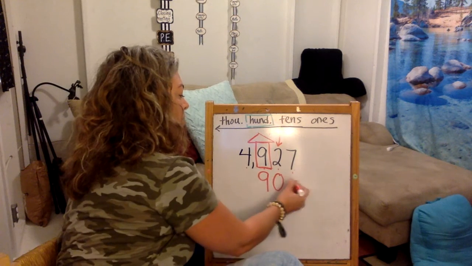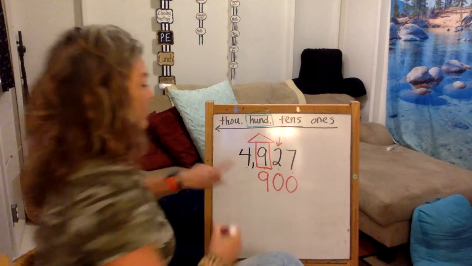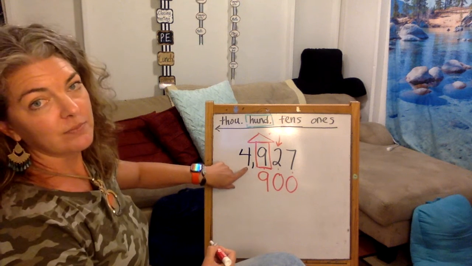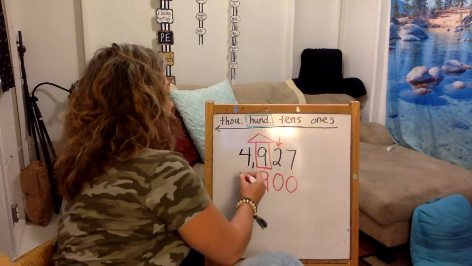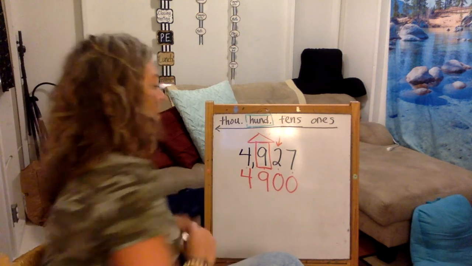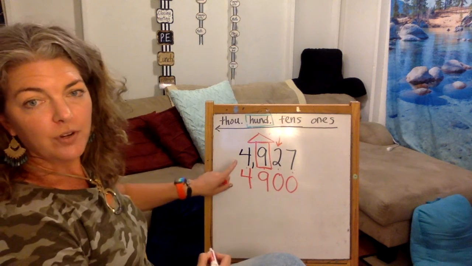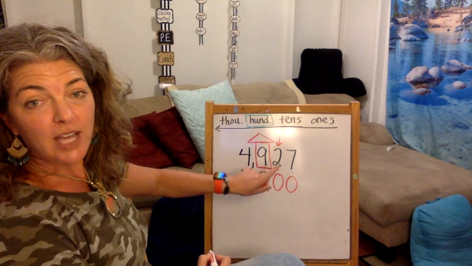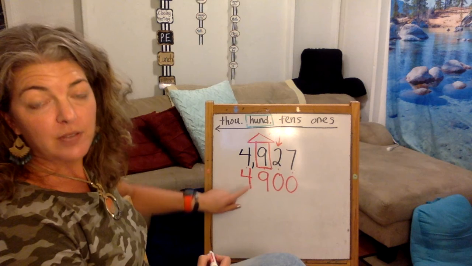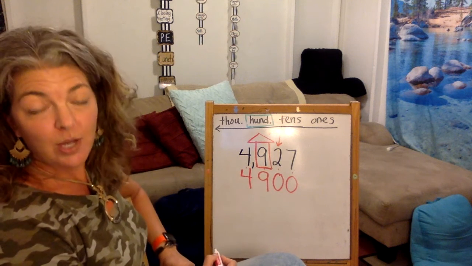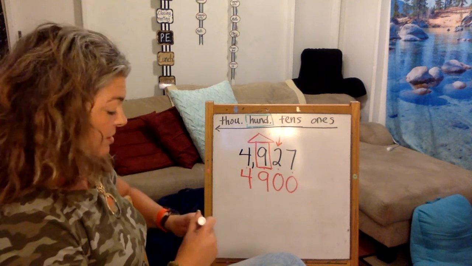They change to zeros. Lefty. We don't do anything with Lefty ever. He stays right there. 4,927 rounds to 4,900 when I'm rounding to the hundreds.